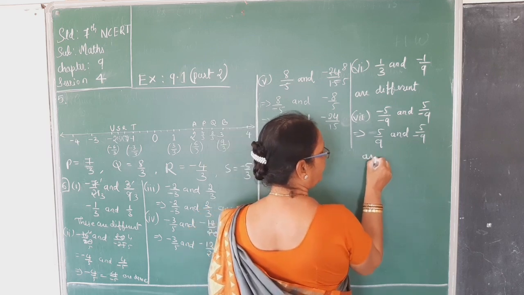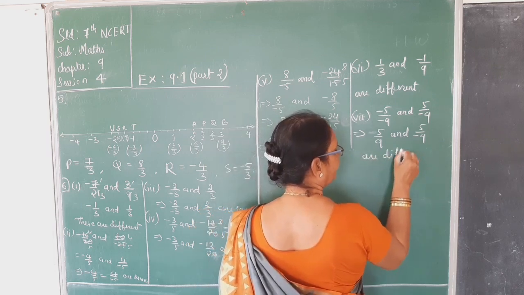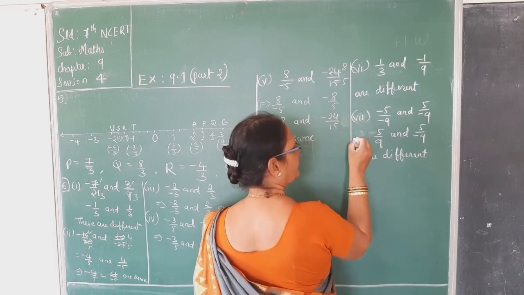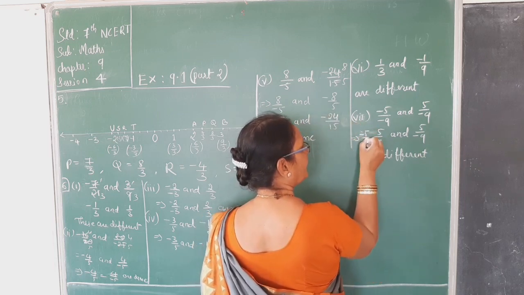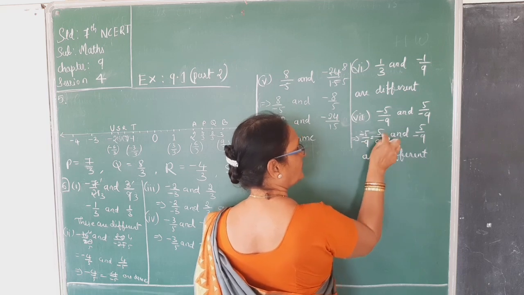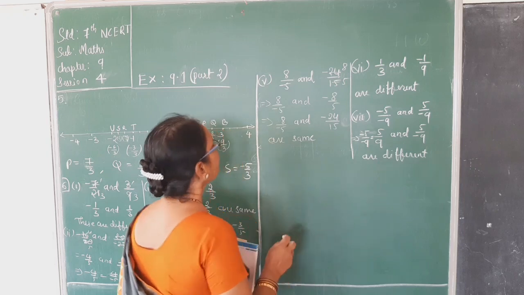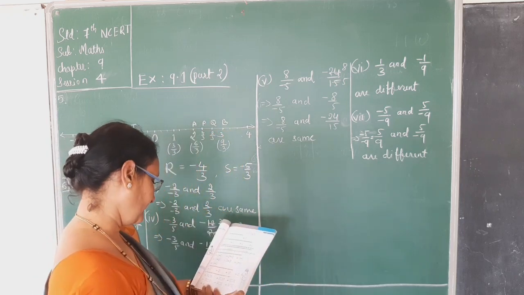So they are different. Here we can write that minus 5 by minus 9 is equal to 5 by 9 and they are different. So this is what the sixth main completed.